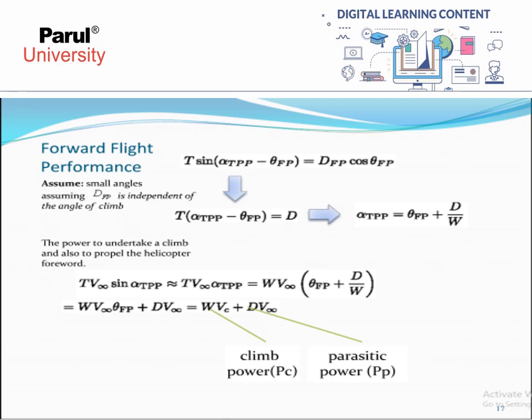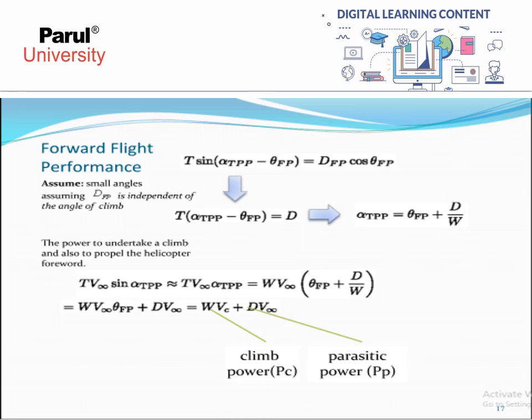Now the power to undertake a climb and also to propel the helicopter forward is T V infinity sine alpha TPP, which is approximately equal to T V infinity alpha TPP, because sine alpha is equal to alpha only.